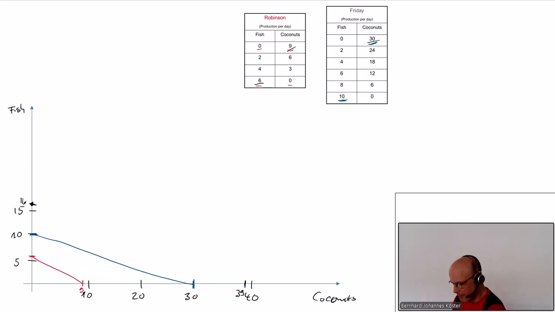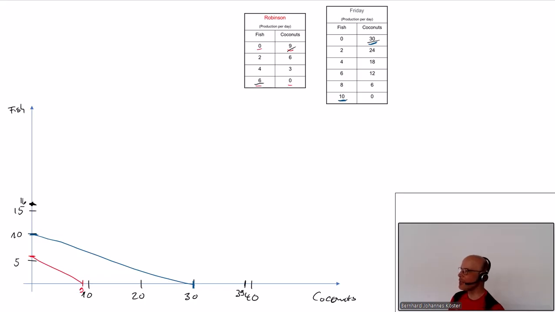For this, we can, for example, start with this extremal point, only catching fish. If they are talking to each other and they say, well, it would be quite nice to have some coconuts, who then should start to climb the tree? And now comes in the argumentation via comparative costs.